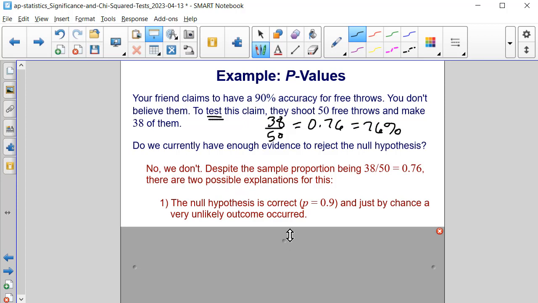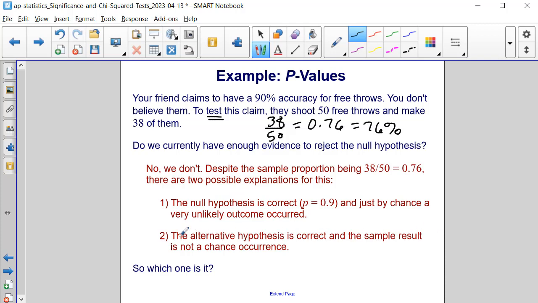The other option would be that the alternative hypothesis is correct and the sample result is not a chance occurrence, meaning we are correct with that alternative hypothesis and the null hypothesis can be rejected. So which one is it?